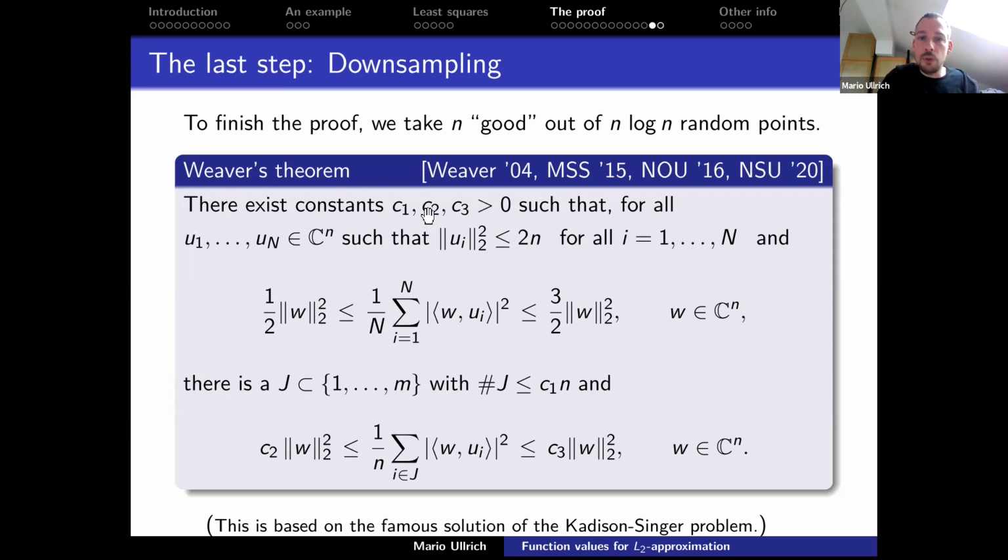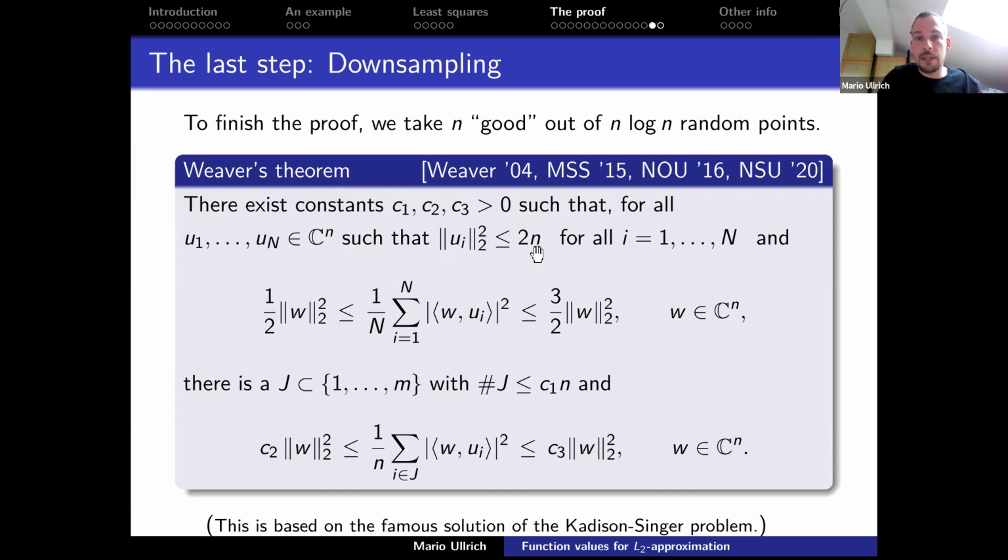But there exist universal constants such that for arbitrary big N vectors in C^n, the only requirement you need is that each of the vectors has a small norm, smaller than the square root of 2 times n. That's all you need.